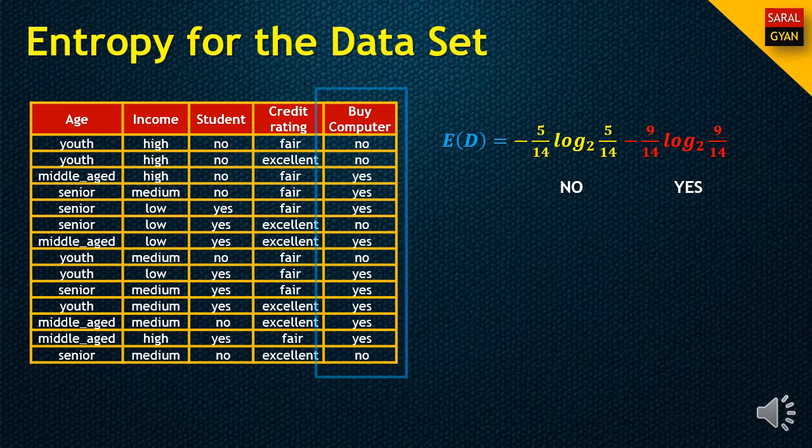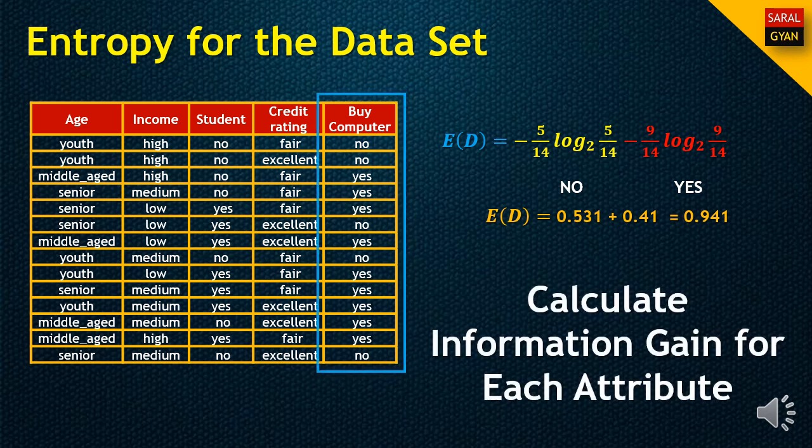So minus 5 by 14 log 5 by 14 base 2 minus 9 by 14 log 9 by 14 base 2. This is the formula for our entropy calculation. If we calculate the entropy for this data, it comes out to be 0.941. So we have calculated the entropy for this data set.